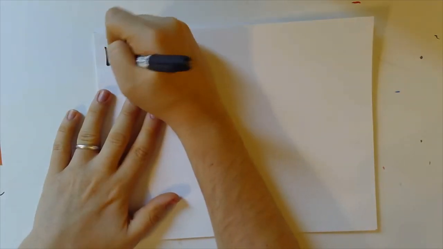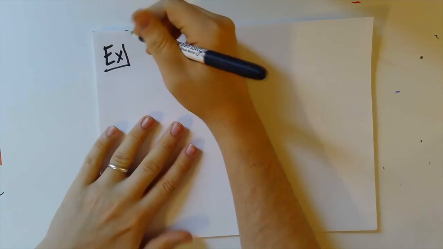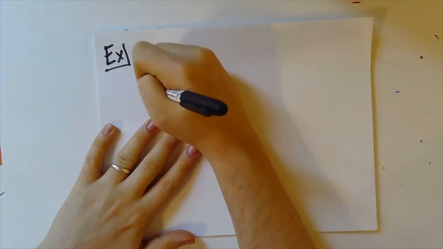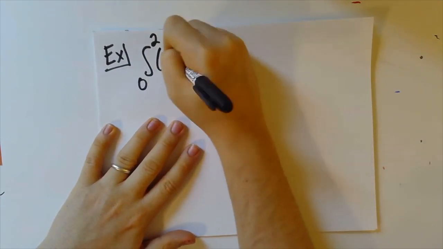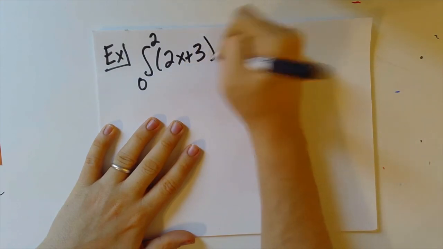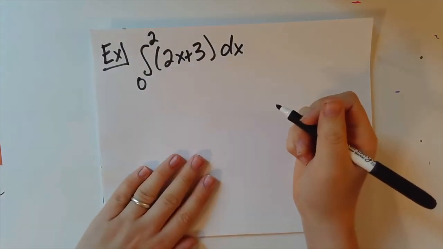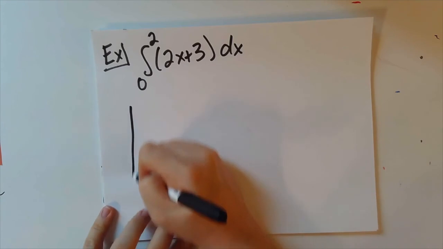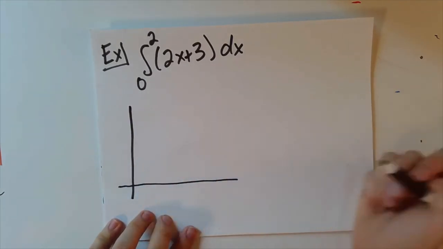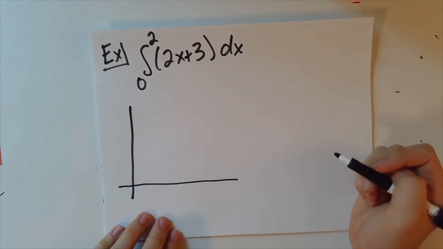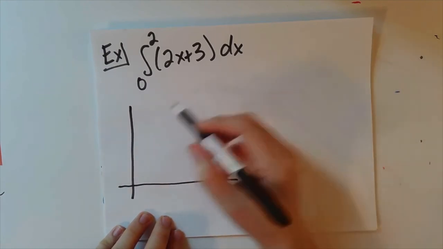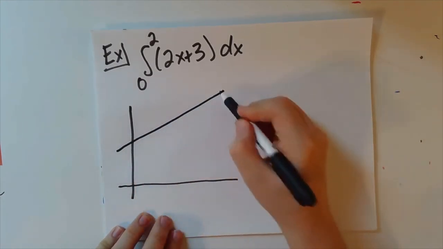Okay, so here we're going to take the integral from 0 to 2 of 2x plus 3 dx. So now in this instance, our line is of positive slope and has a positive y-intercept, so the graph looks something like this.